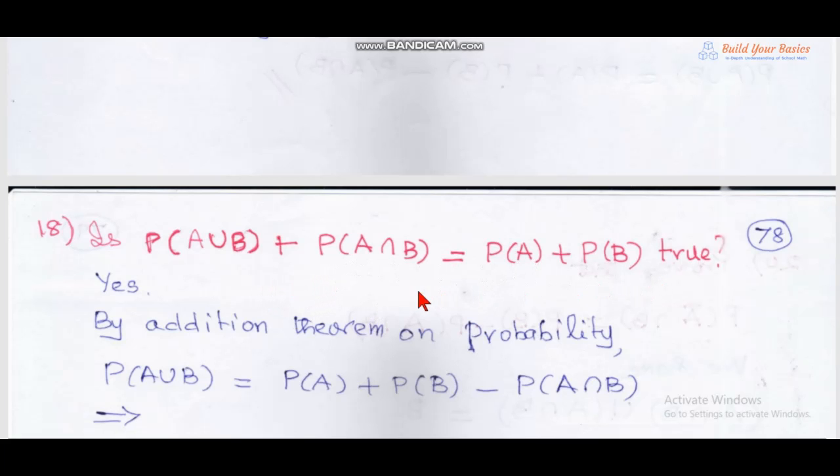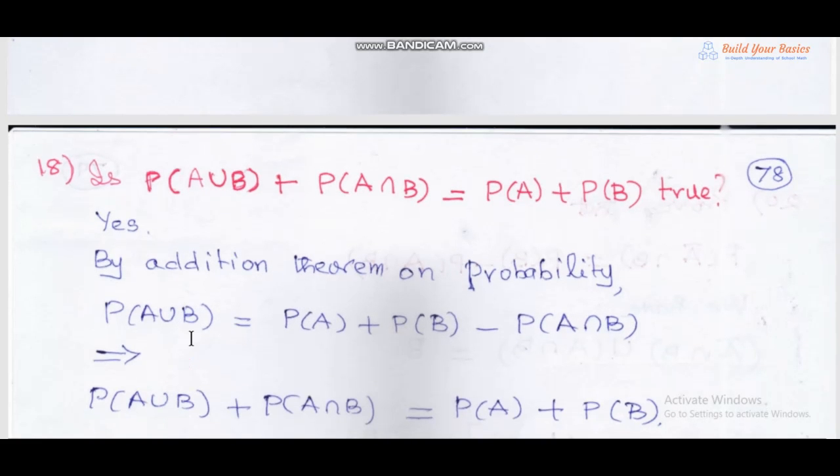Yes. By addition theorem on probability, probability of A union B equal to probability of A plus probability of B minus probability of A intersection B. When we take probability of A intersection B to the left hand side, probability of A union B plus probability of A intersection B equal to probability of A plus probability of B. That's all.